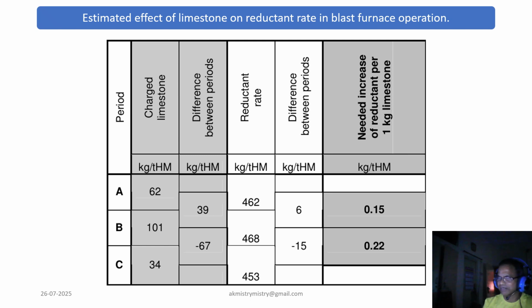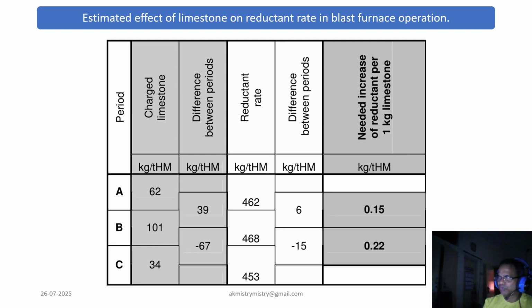In period C, limestone dropped to 34 kg per ton hot metal and coke rate improved to 453 kg per ton hot metal. This is a good value, which is equivalent to a 67 kg per ton hot metal reduction in limestone leading to a 15 kg per ton hot metal coke saving, which is a big value.